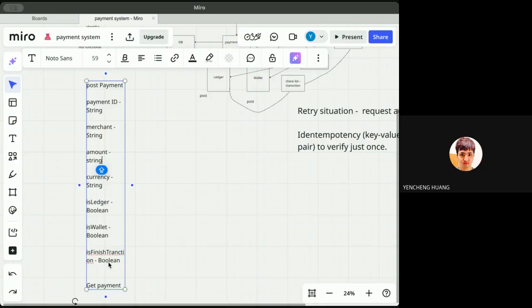And for the last, it means all the procedures are finished, and I update the transaction as finished. And I set it as a boolean because if it's finished, I decide it's finished, yeah.